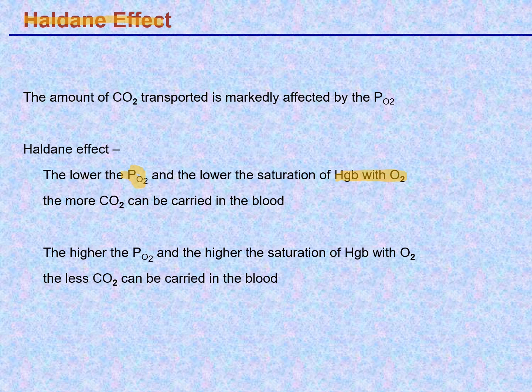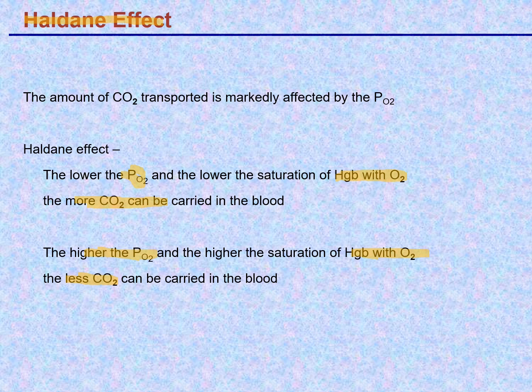But the lower the PO2, the more carbon dioxide can be carried by the blood, and by the hemoglobin in the blood. And the higher the PO2, and therefore the higher saturation of hemoglobin with oxygen, then less CO2 can be carried. So more CO2 is carried by hemoglobin as it enters into an area in the tissues where the PO2 is lower and the PCO2 is higher.